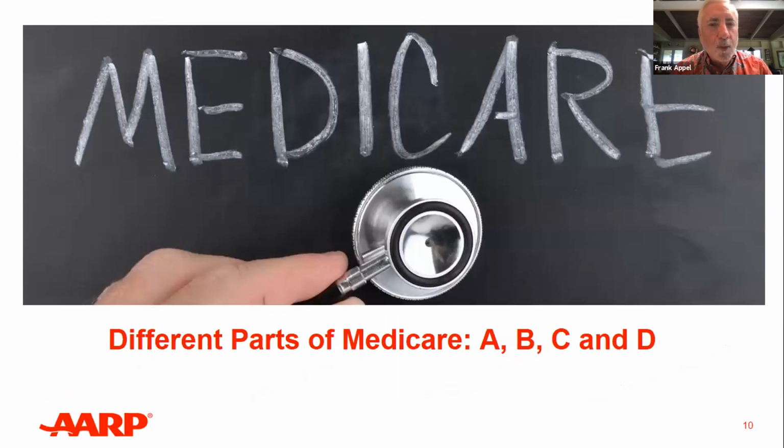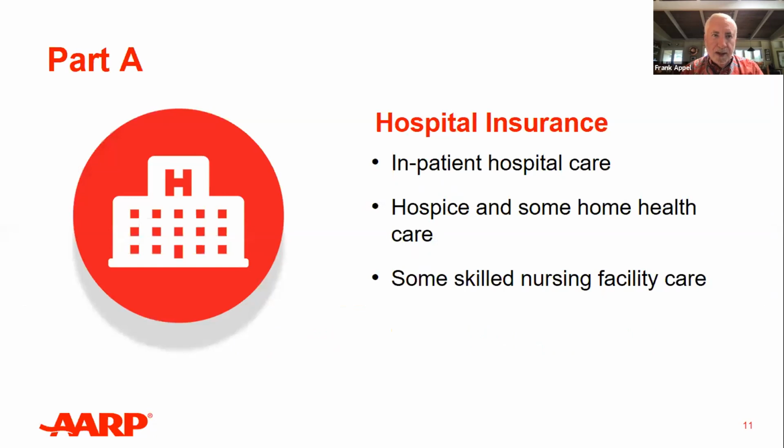So we also need to talk a little bit about the different parts of Medicare. And there are 4 parts labeled A, B, C, and D. So we'll start with Part A. So Part A is hospital insurance.